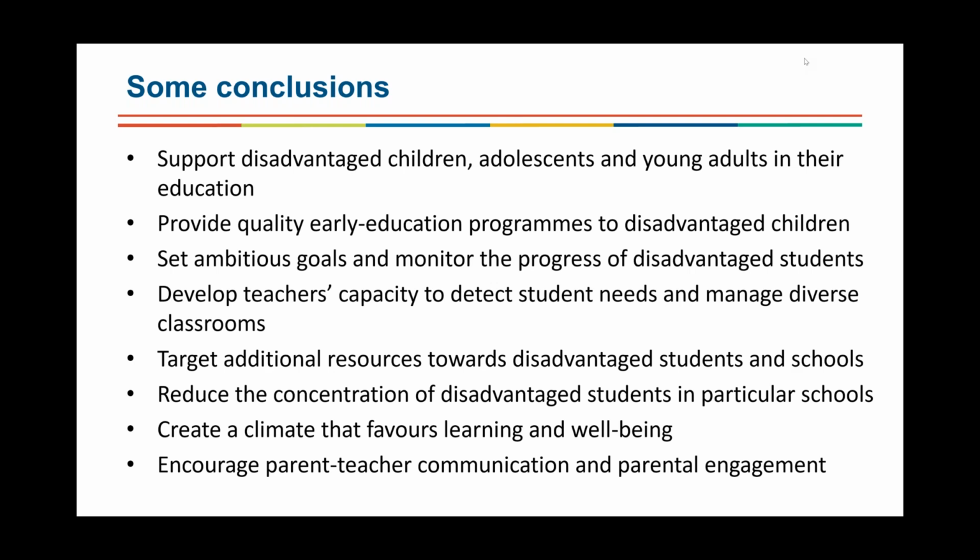If countries were to set ambitious goals in terms of progress for the disadvantaged students, I think it would make sense to raise that bar to perhaps thinking about 20% or more of students in a reasonable time frame.